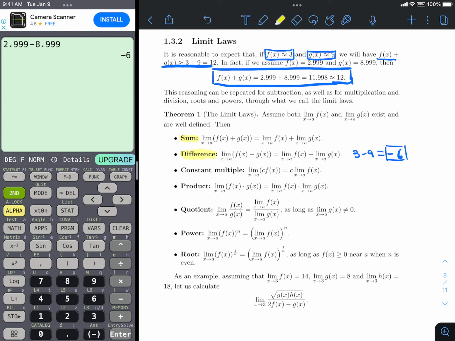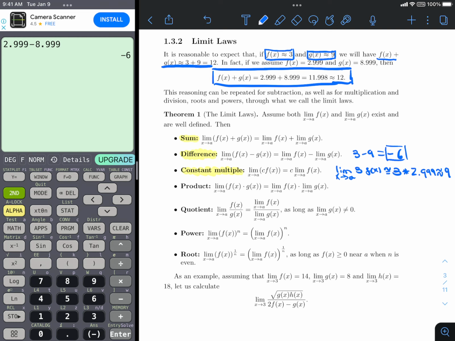Constant multiple is one that works more or less the same way. Any c value, so let's say as an example, the limit of 3 times f of x, if you use the example above, using 2.999, that will be approximately 3 times 2.999, which is almost 3 times 3, which is almost 9.